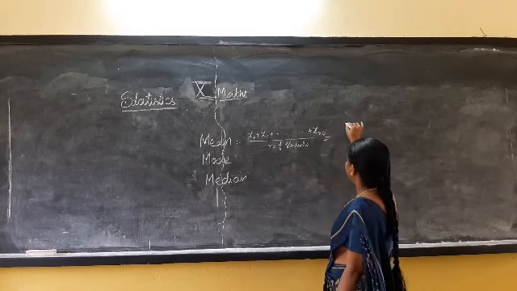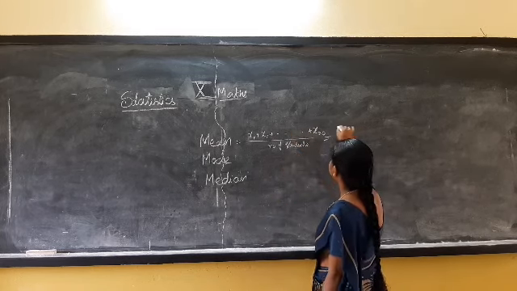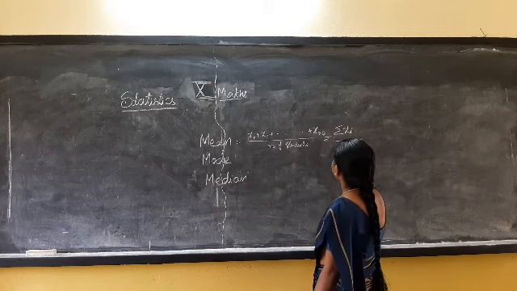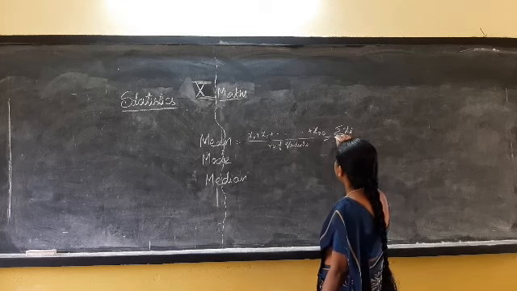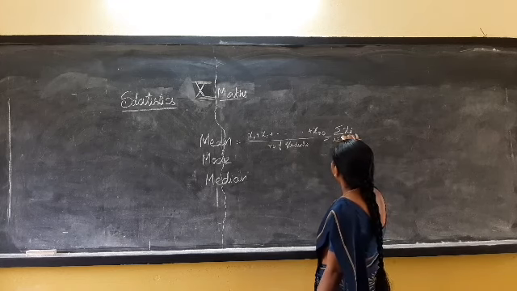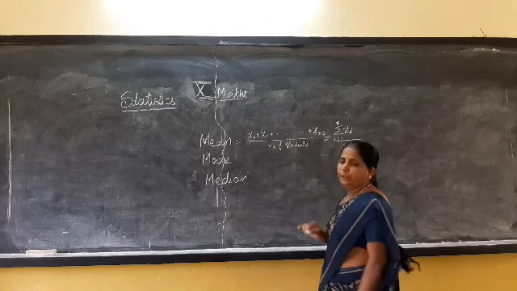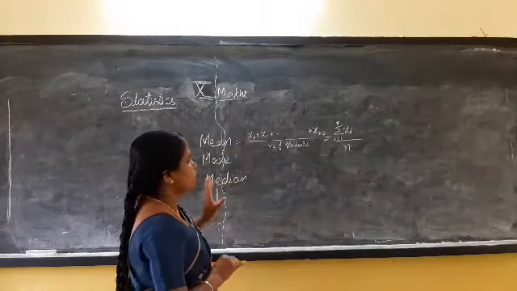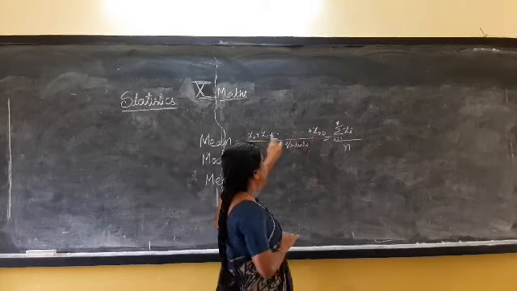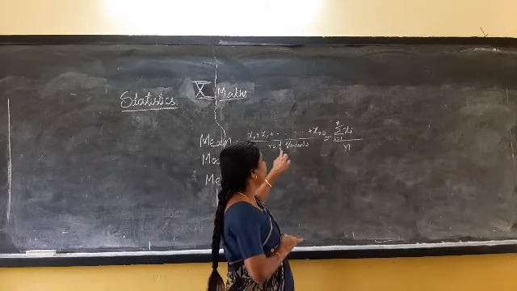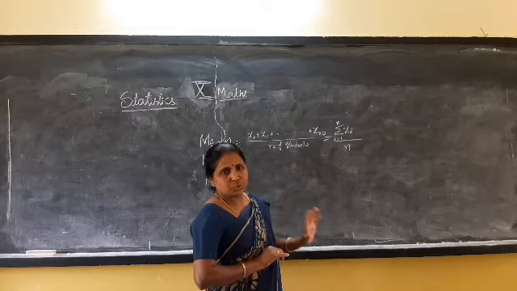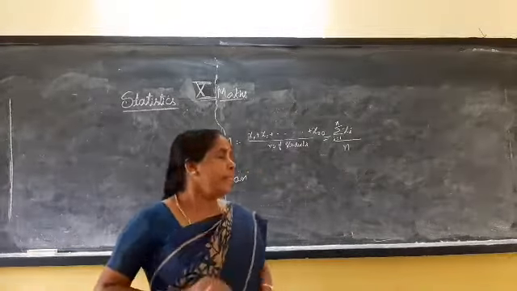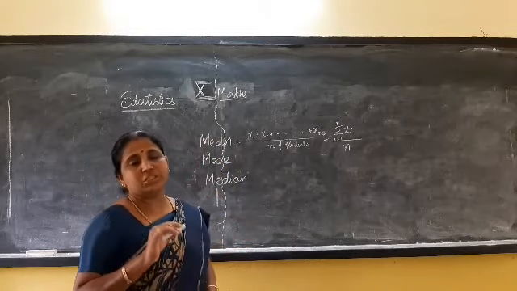So we can write it in short form as sigma xi by n, where i goes from 1 to n. How many students are there? 20 students. So all their scores we will add, and below we will write the number of students and divide. That is how we can find the mean score.